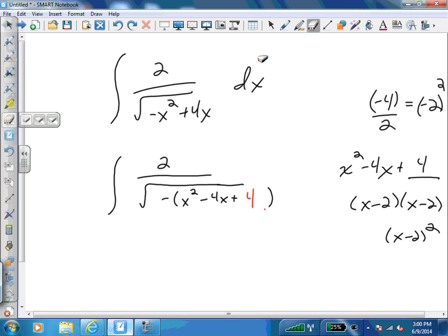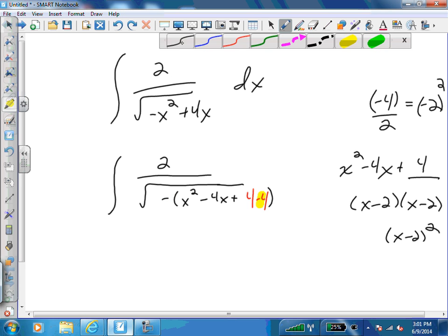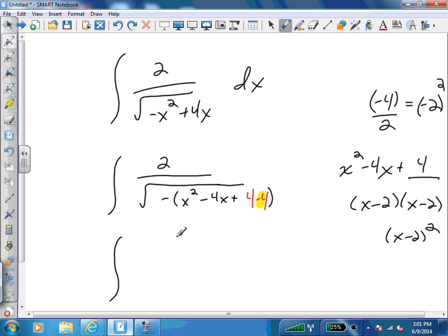Now, we don't want that inside parentheses. So if I pull that out of parentheses, I have to apply that negative to it. Right. So minus a negative, that's going to make that a positive 4 when I pull it out front.